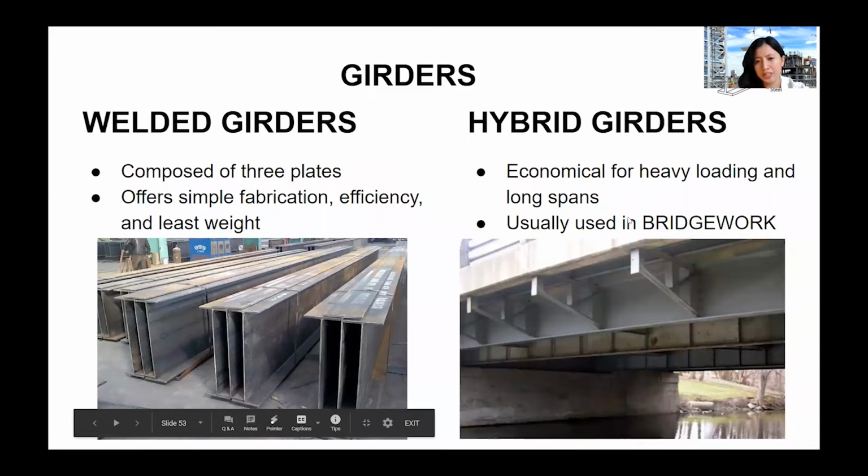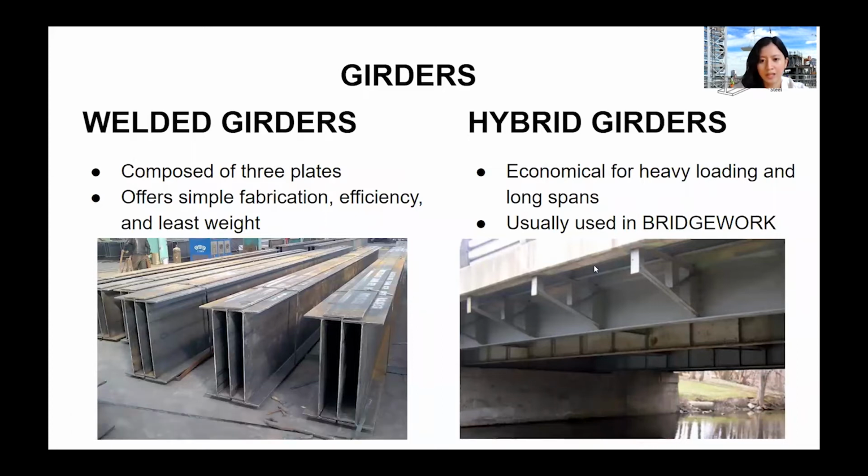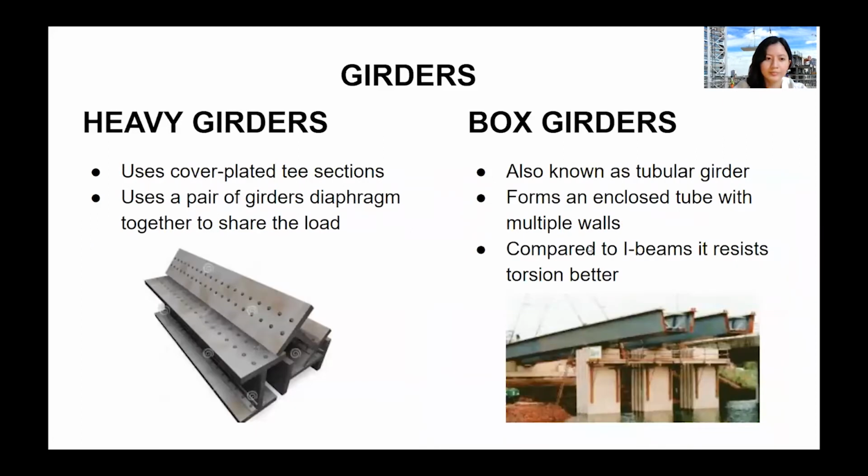Hybrid girders are economical for heavy loading and long spans, and are usually used in bridge work. The third is heavy girders. Heavy girders use cover-plated T-sections, a pair of girder diaphragms together to share the load.